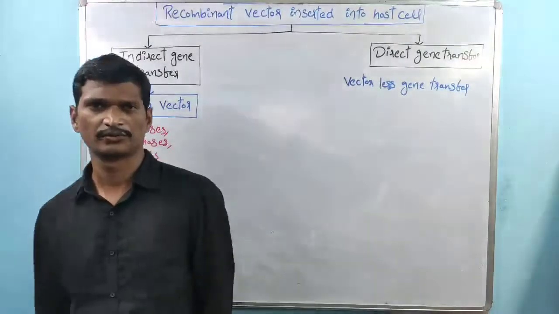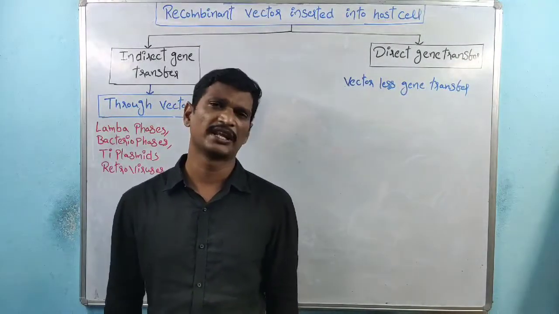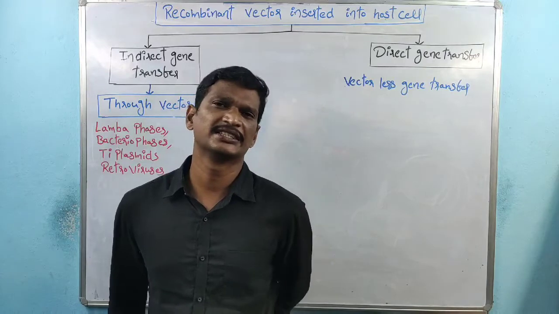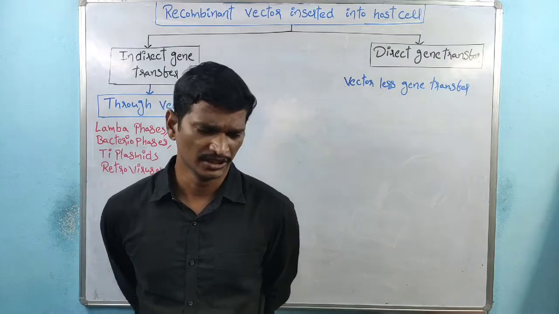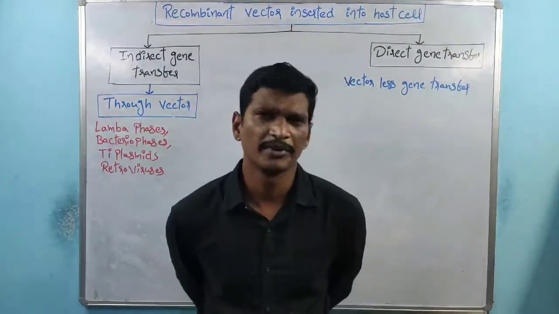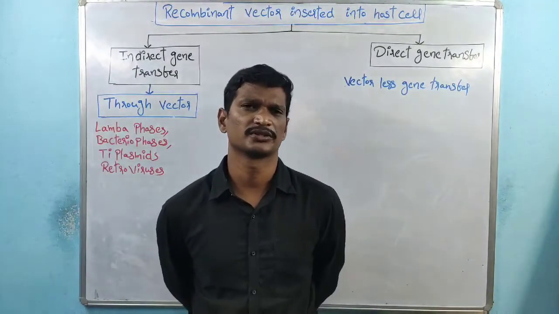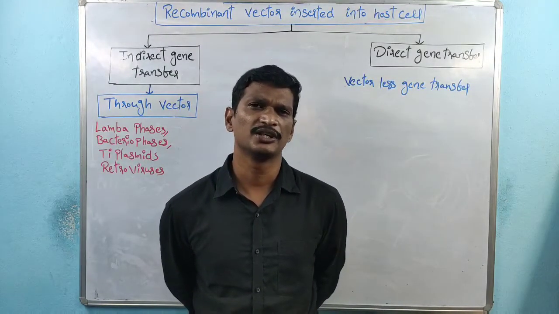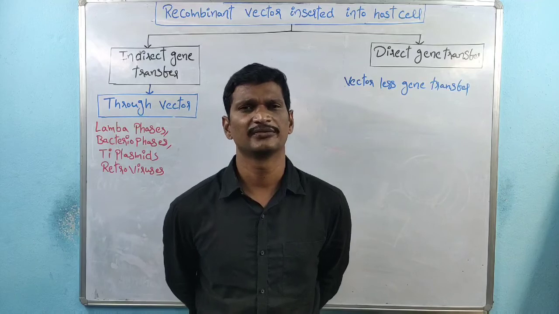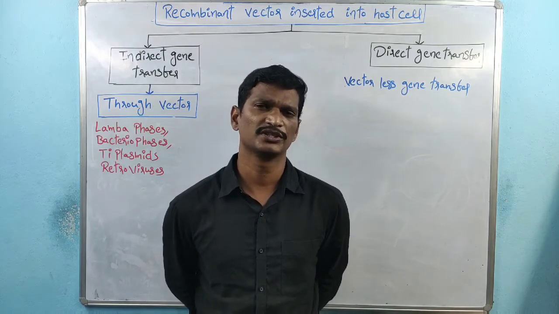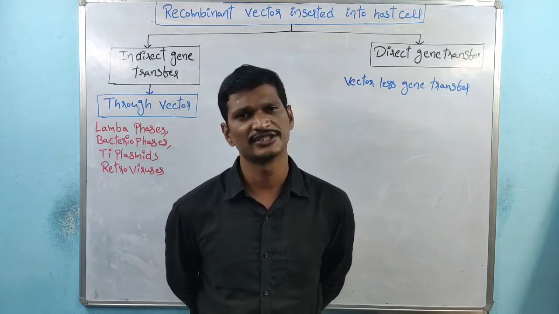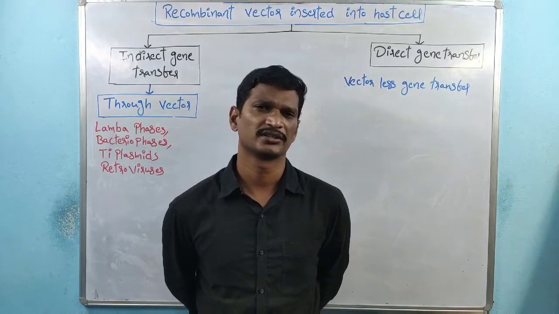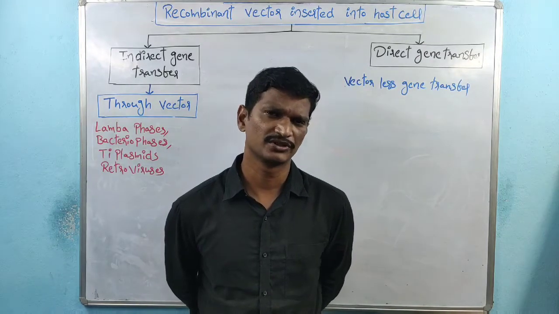In the last one, we discussed the ligation of the desired gene with the vector, right? Students, if we remember the steps in the biotechnology process, the very first step is isolation of DNA from target cells. Next is isolation of the desired gene. Suppose our target is production of insulin.